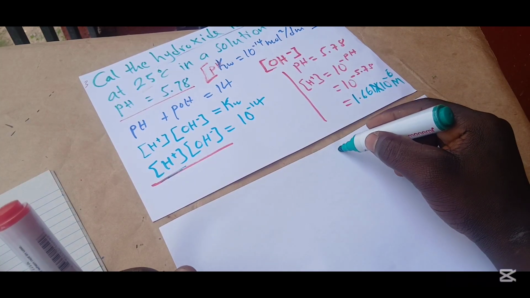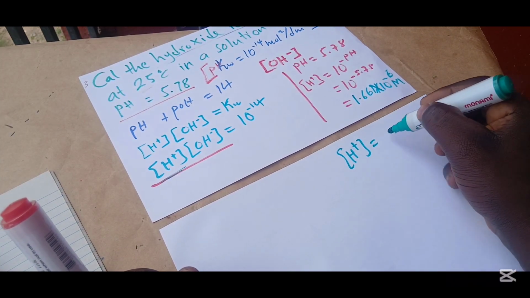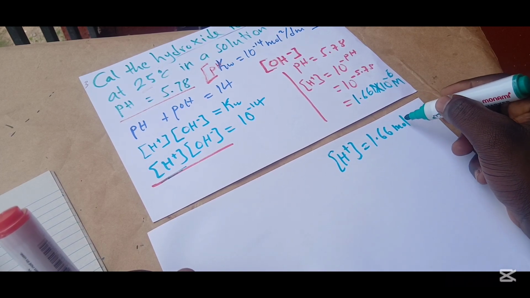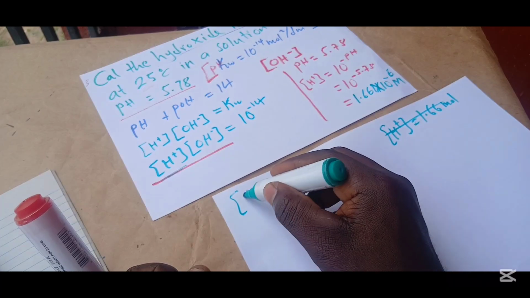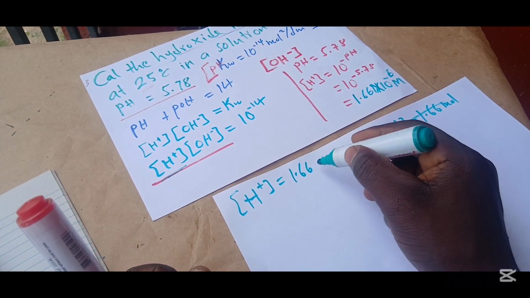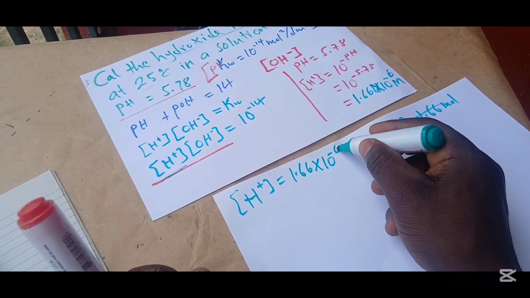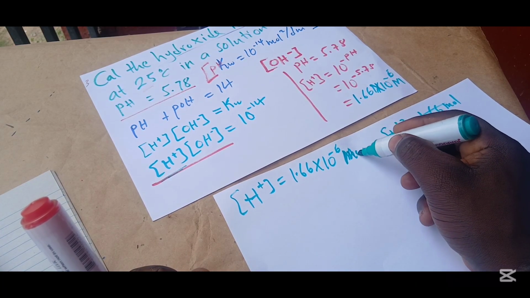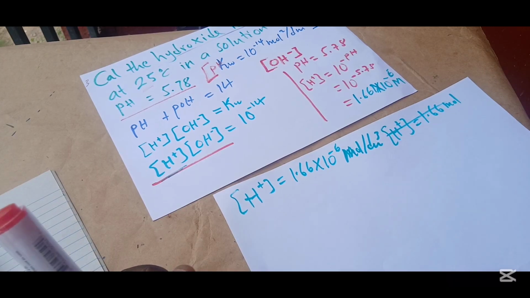So the H plus ion concentration equals 1.66 multiplied by 10 to the power negative 6 mole per dm cube.